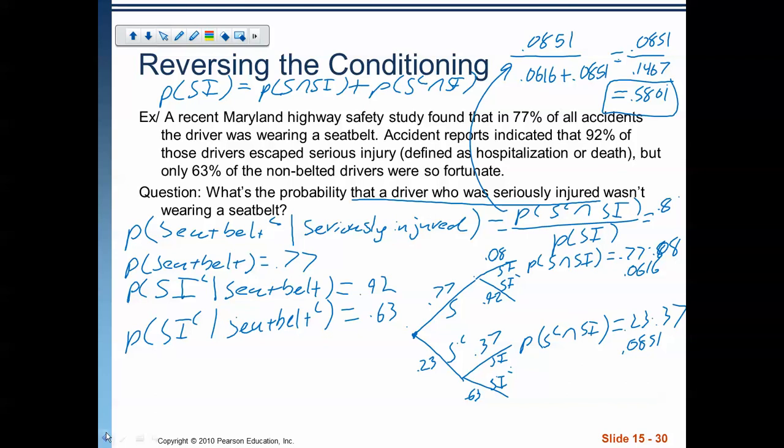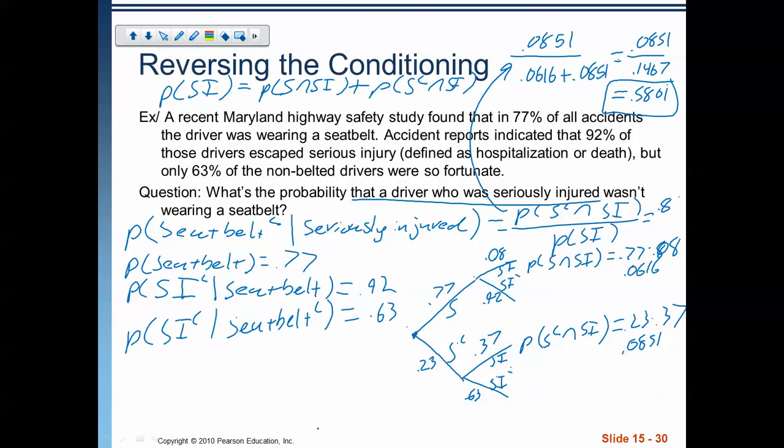And when they say those drivers, they mean drivers wearing a seatbelt. I also know that the probability of not being seriously injured given not wearing a seatbelt is 63%, because only 63% of non-belted drivers were so fortunate.